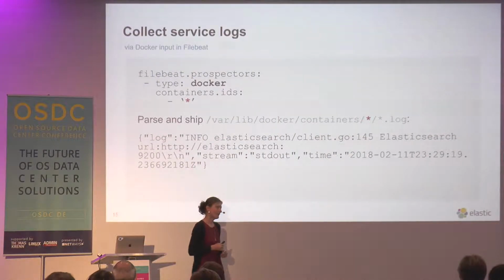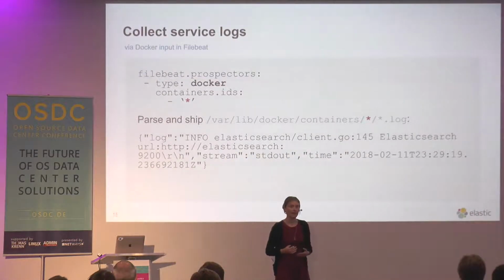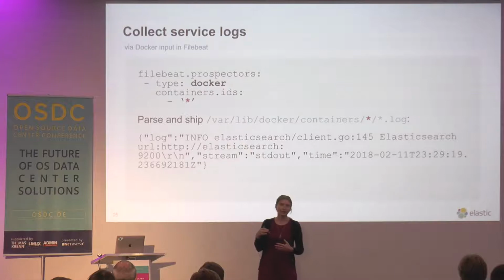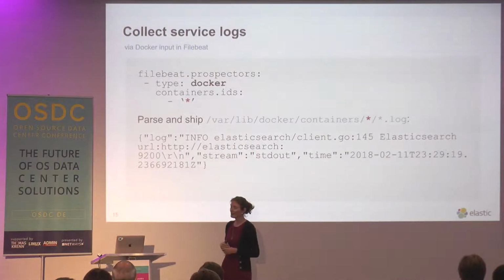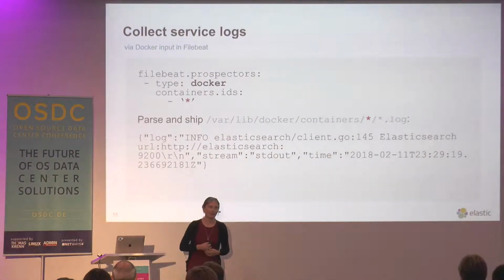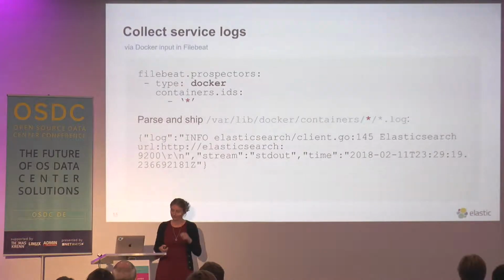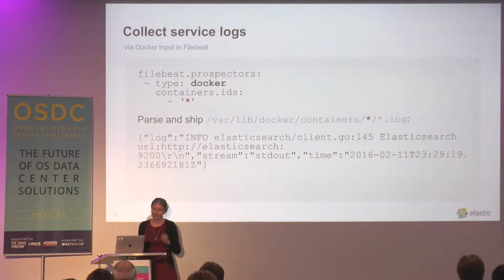This timestamp is the time when the log was created, so you have in Elasticsearch the time when the log was created and not the time when the log was read by Filebeat, which is very important, to have the right time.